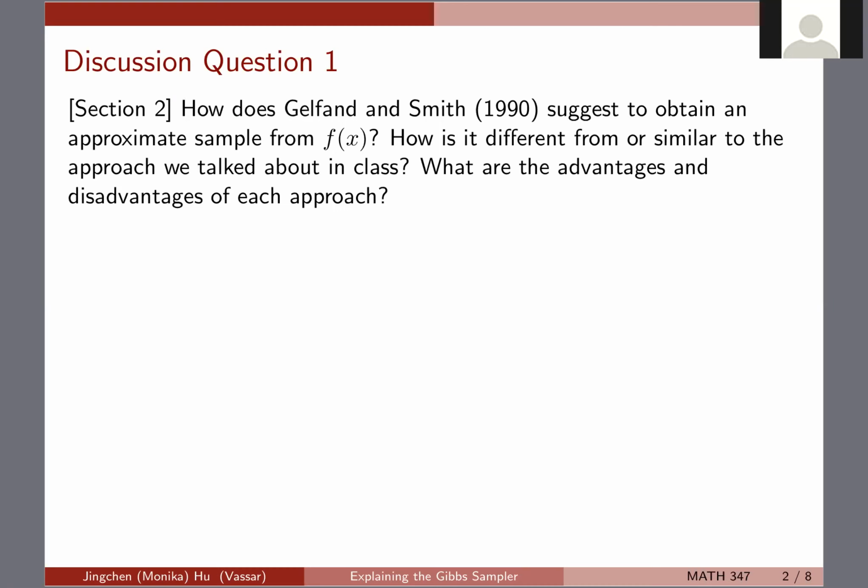Maybe just share your feelings about this paper: what is the logic flow, which part you like or don't like, and whether you think it's doing a good job explaining all of the definitions and ideas. Is it doing a good job designing simulation studies, et cetera? I guess we can spend 2 minutes in smaller groups so you can talk to your neighbors about it, and then we'll bring it back to the whole class, okay?